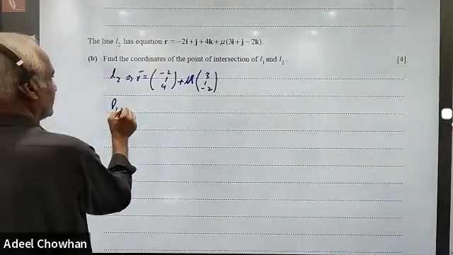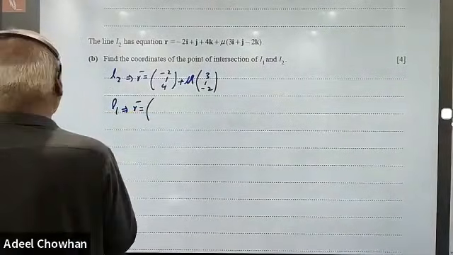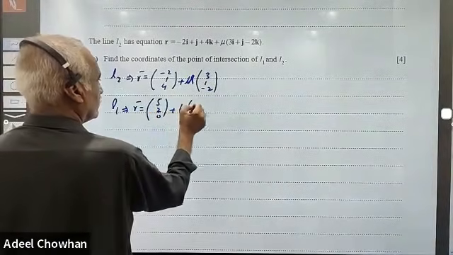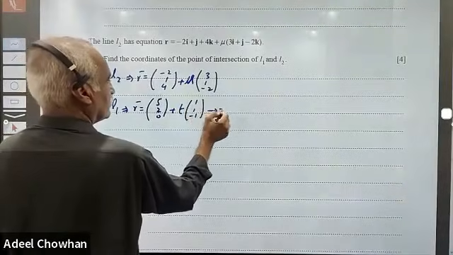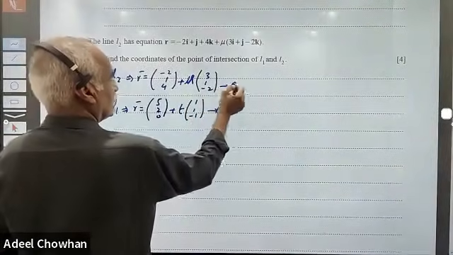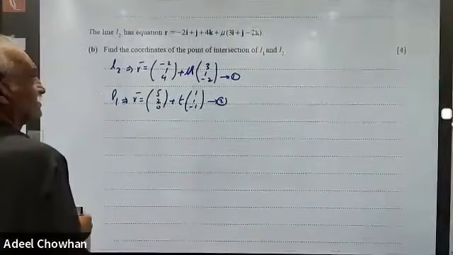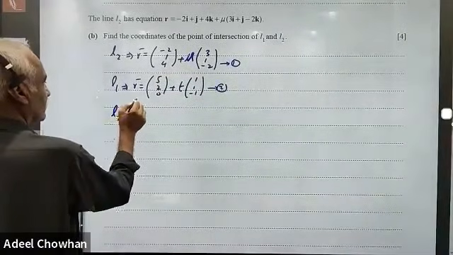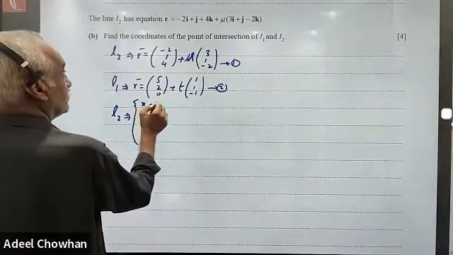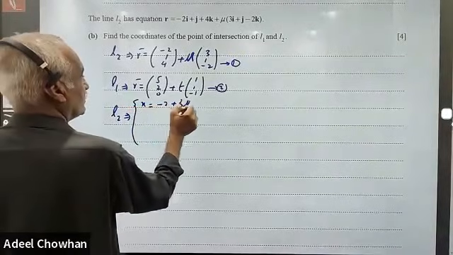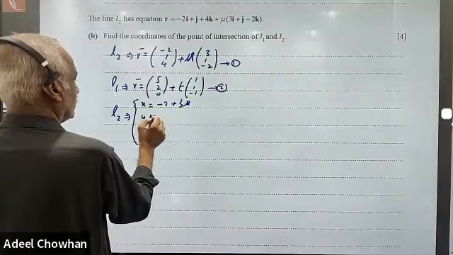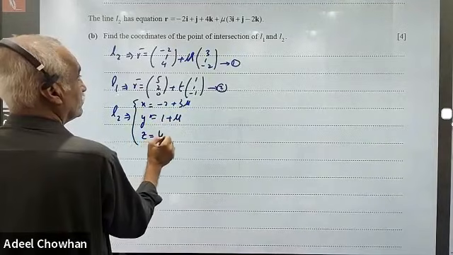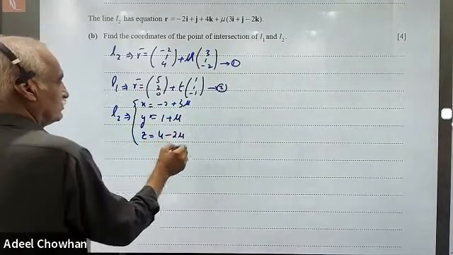So L1 is given there, r is equal to 5, 2, 0 plus t times 1, 1, minus 1. You are going to find the point of intersection of these two lines. For L2, x is equal to minus 2 plus 3 mu, y is equal to 1 plus mu, and z is equal to 4 minus 2 mu.